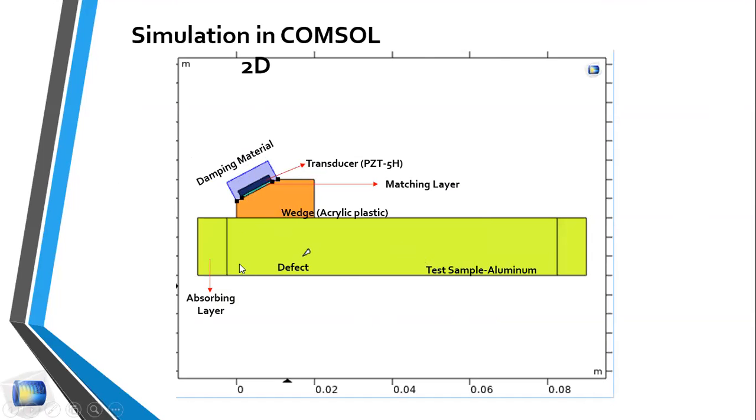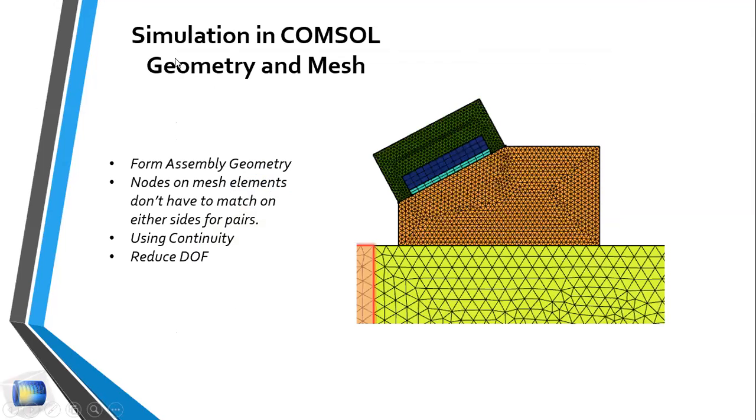And this is the geometry in COMSOL with the absorbing layer here, because we don't want the reflection from here. And we have added the absorbing layer here and here. It is something like a perfectly matched layer, but it has some differences. Here we have taken advantage of non-conformal mesh by using form assembly.